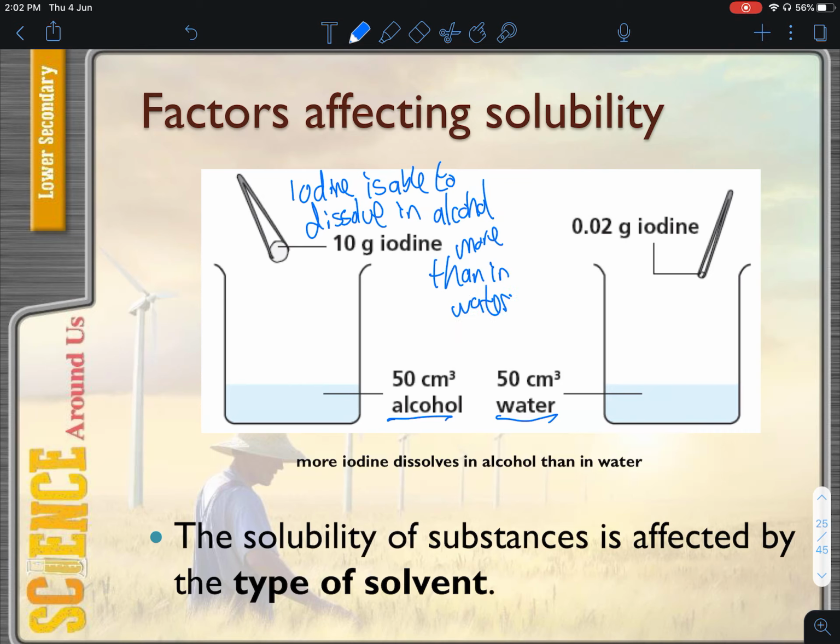Why is this so? Because you can dissolve 10 grams of iodine in alcohol as compared to 0.2 grams of iodine in water. So this means that iodine is able to dissolve better in alcohol than in water. In other words, the type of solvent can also influence or affect the solubility of the substance.